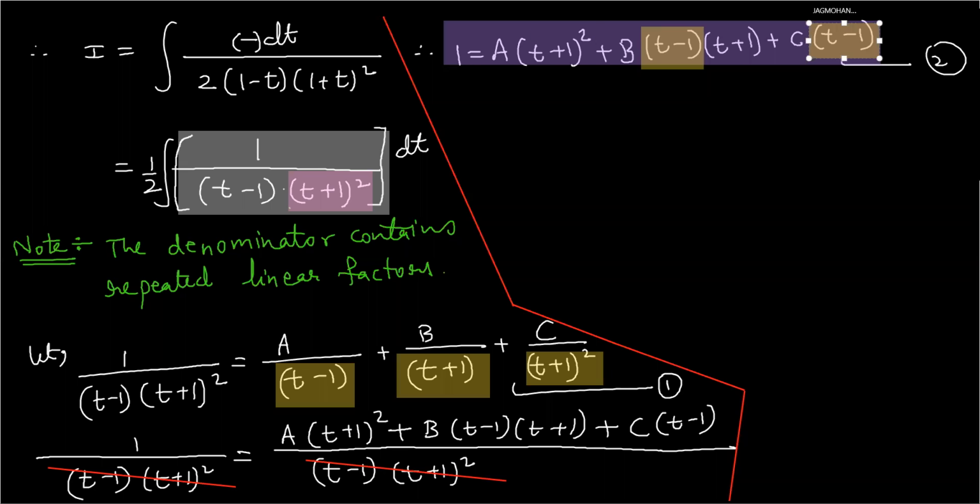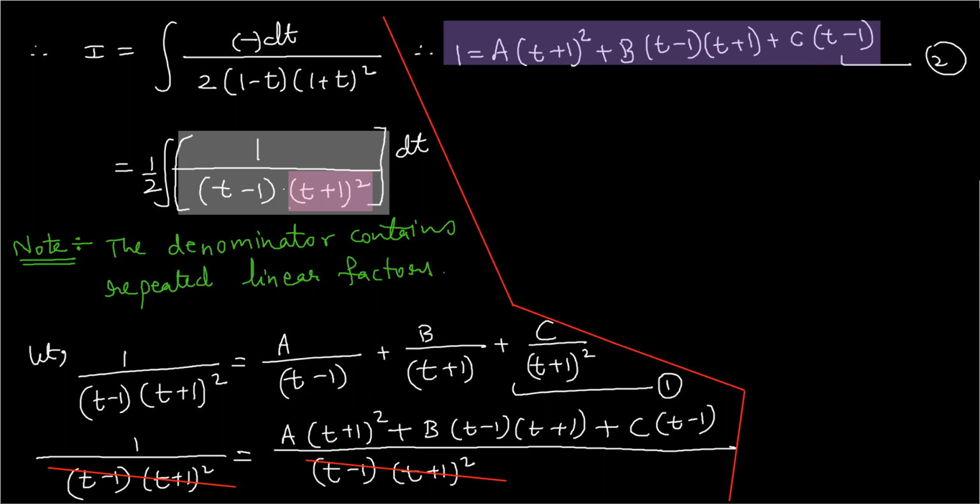In the last lecture, I had taught you that if you want to get the value of a, then you should find the denominator of a and make it 0. So t minus 1 is 0, t is equal to 1. That's my technique. So here I write, put t equals to 1.